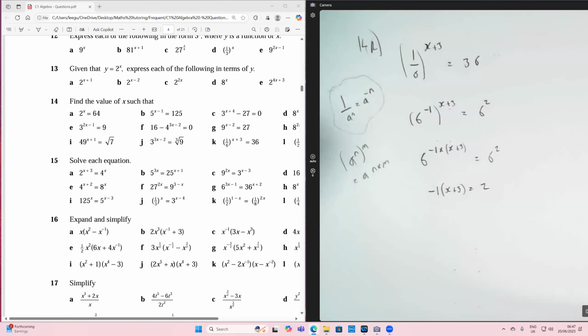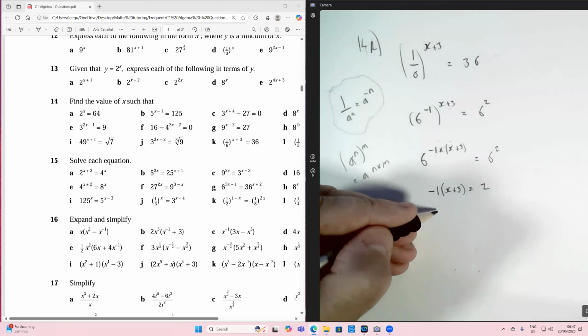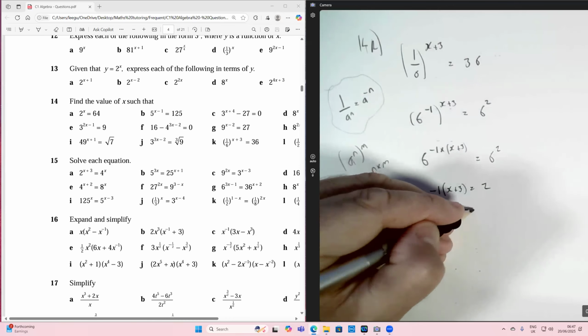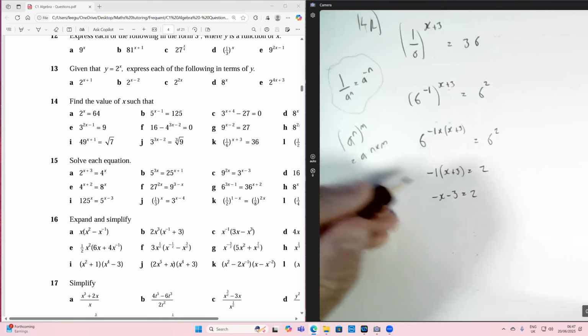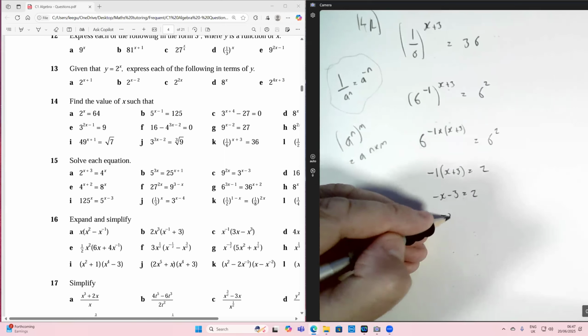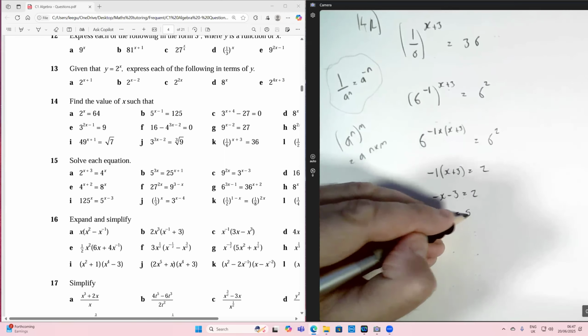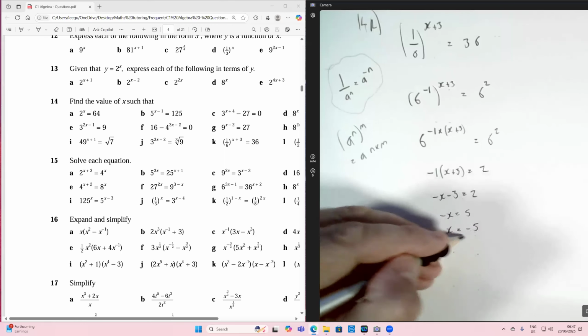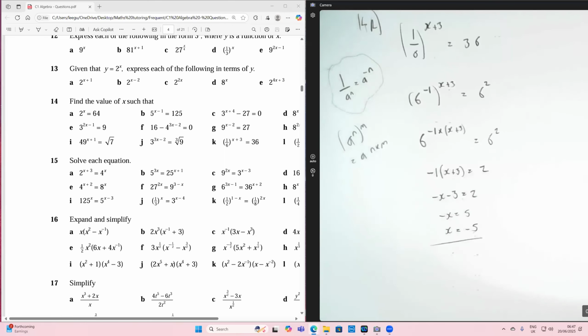We can now compare the indices, which when I expand that bracket goes to minus x minus 3 is equal to 2. And I'm going to add the 3 over to the other side. So minus x is equal to 5. And then times by minus 1, I have x is equal to minus 5. Okay, that was that one.